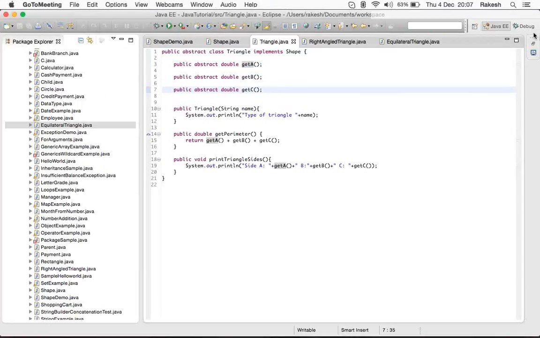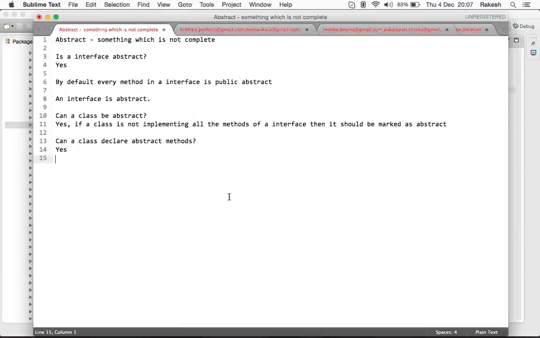Now you might be wondering, what are we trying to do? Probably you will get an answer for this. What is the difference between interface and abstract class?